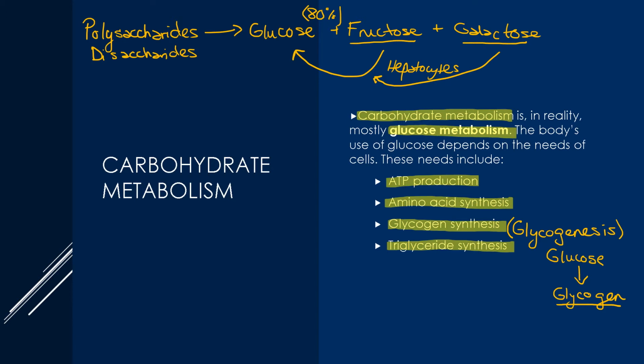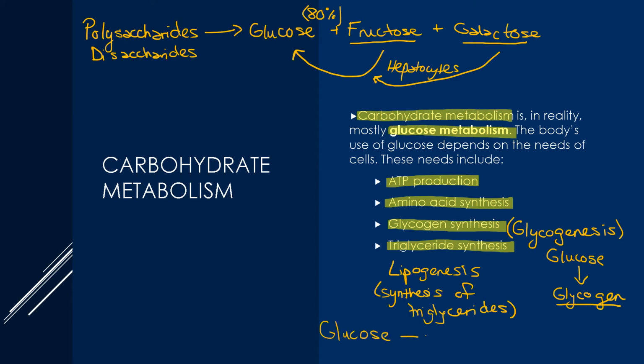Then the hepatocytes can transform the glucose into glycerol and fatty acids that can be used for lipogenesis, the synthesis of triglycerides.